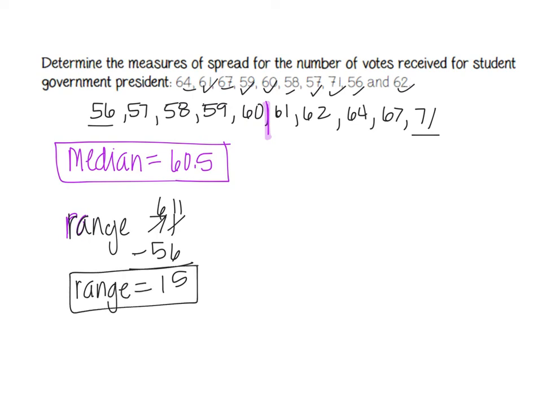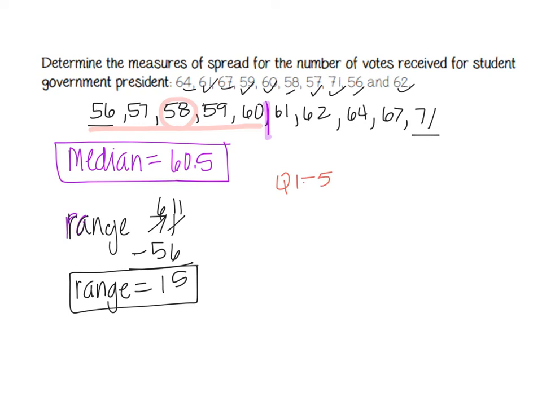Okay. So now we have the IQR. I'm sorry, now we have quartile 1 and quartile 3. So here is my lower 50%, and I have 5 numbers. That means that this guy right here is my quartile 1.